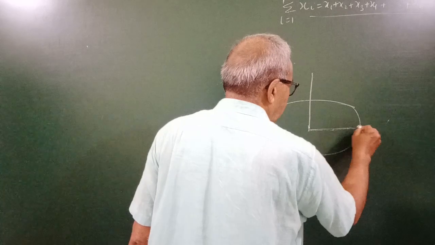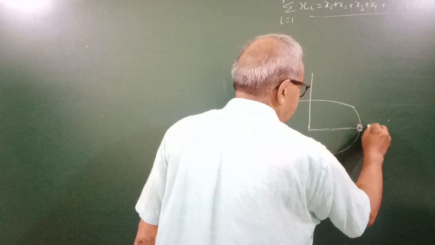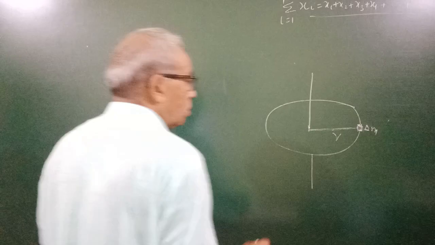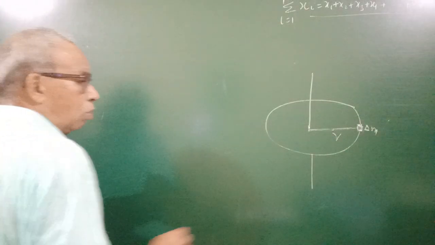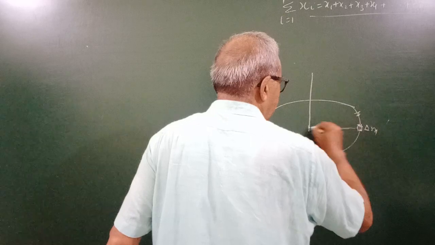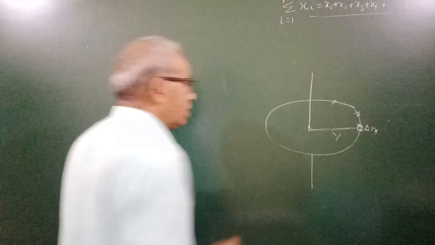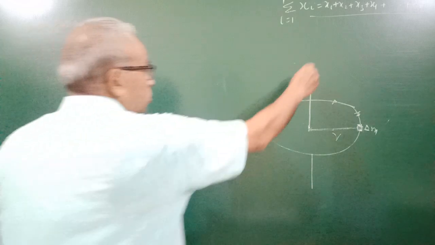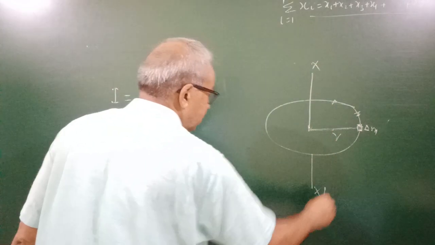So what we do to find the moment of inertia is take a mass element delta m at distance r, and we take so many such elements. Then what will be the moment of inertia of this ring about this axis x dash?